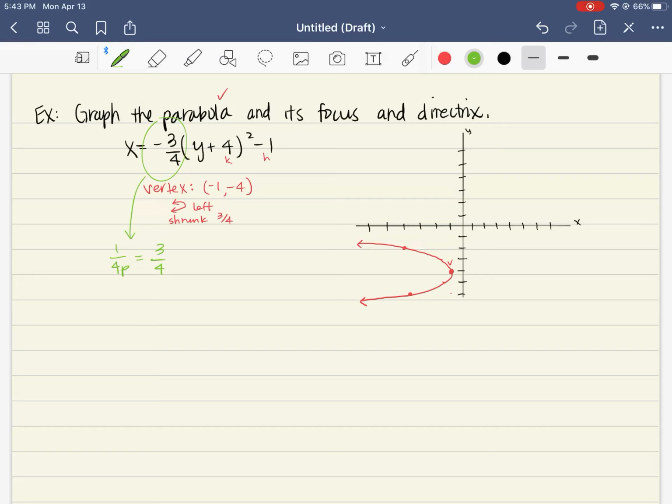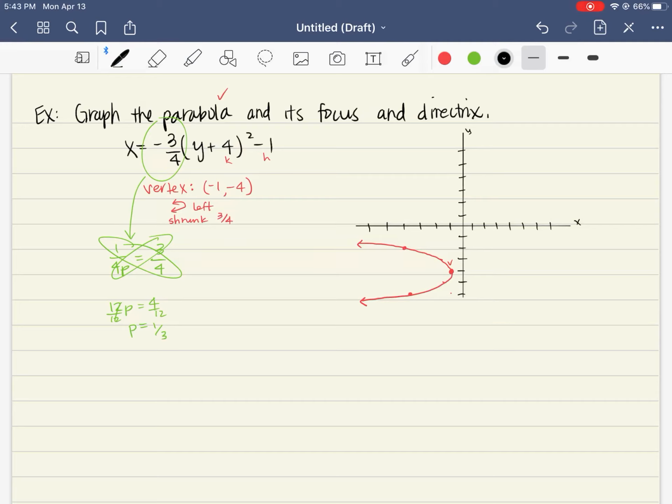Now I already know it's opening to the left, so I don't need to throw the negative in there. And let's do some cross multiplication. So we get 12p equals 4. Divide by 12. P is, sorry, I skipped steps. It looks like it's going to be 1/3.